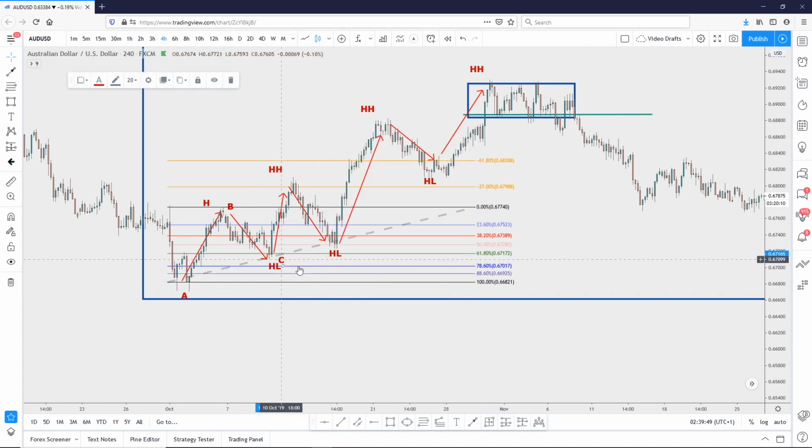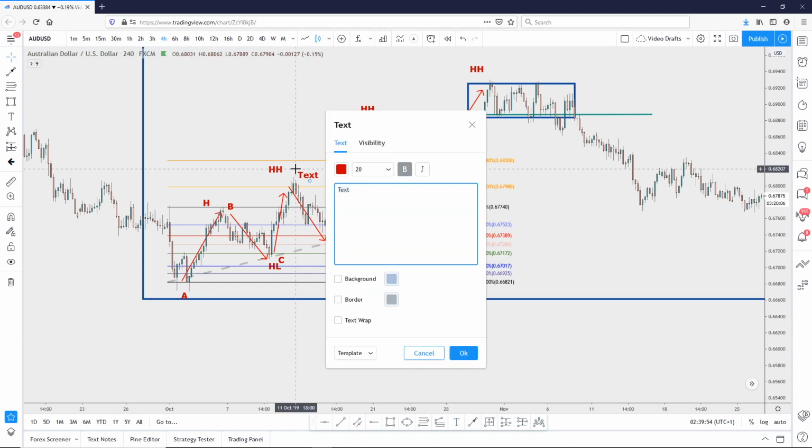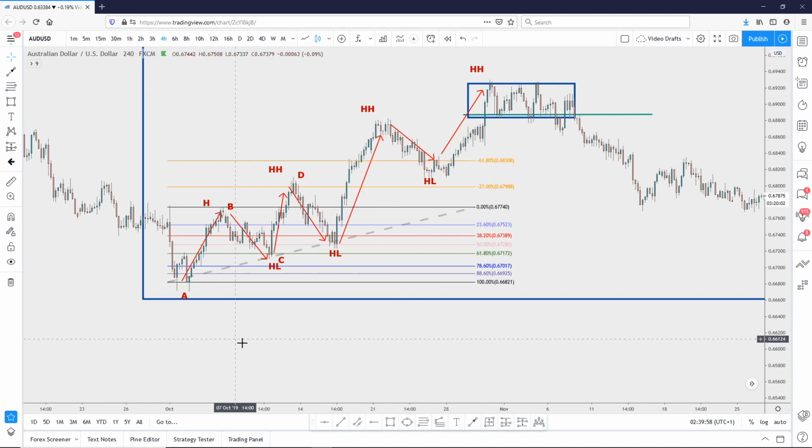And I'm going to show you in a drawing that I've made. So let me just finish labeling this. A, B, C, D. So when I talk about drawing Fibonacci and I say make sure you know which is point A, point B, point C, point D.